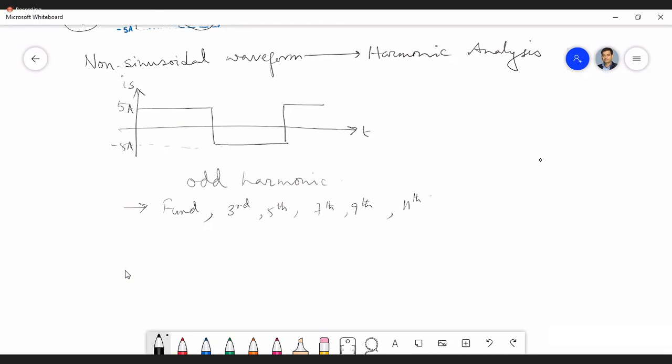We have assumed that voltage will be sinusoidal, current will be sinusoidal, power will be there. There is an apparent power which has two components, reactive power and active power. So these are all based on our assumption that voltage and currents are sinusoidal. But if they are not sinusoidal, what kind of problem we may face?